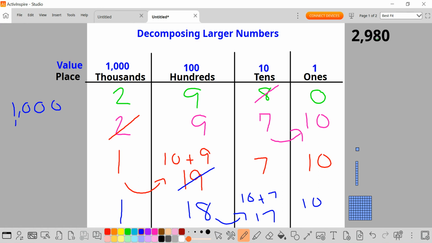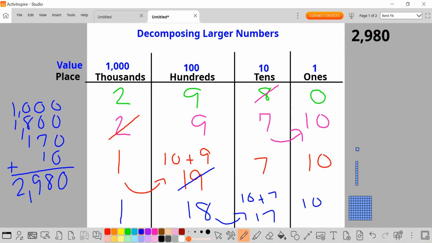If I have 18 hundreds, that's a value of 1,800. 17 tens has a value of 170 because 17 times 10 is 170. And then 10 ones, that's going to give me 2,980.